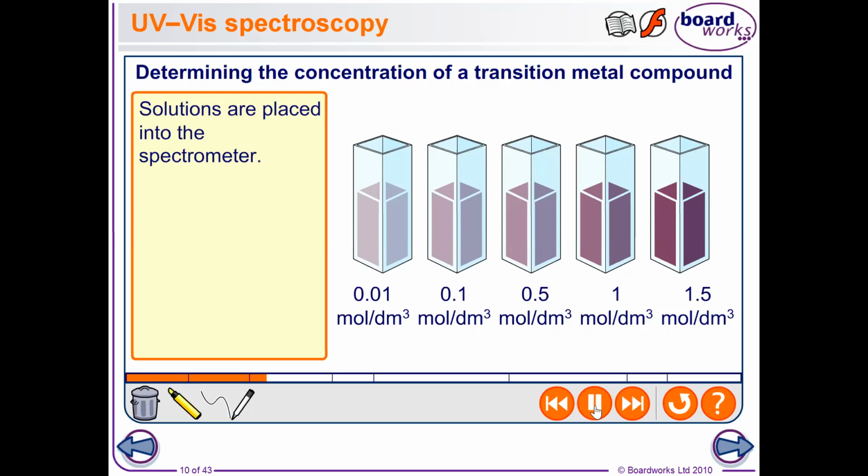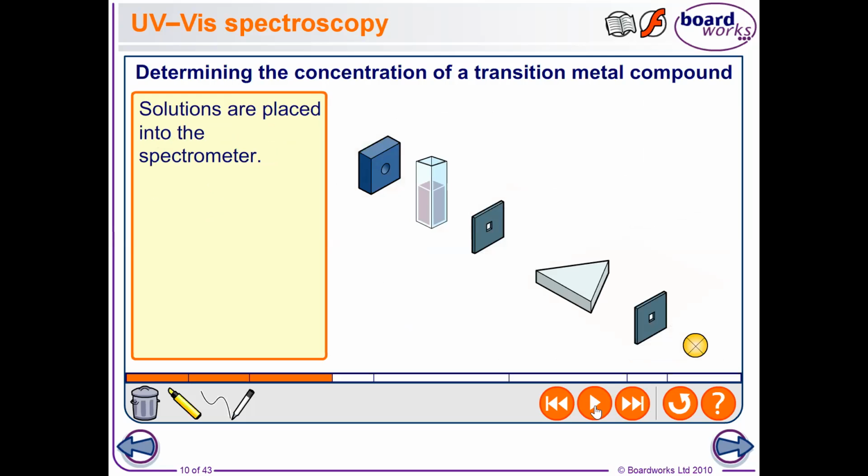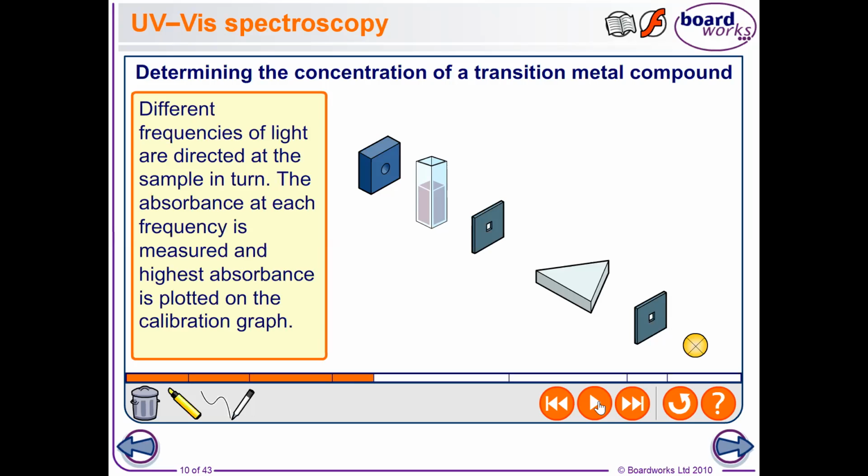And then solutions are placed into the spectrometer. Now look what will happen. This is the source of light. Different frequencies of light are directed at the sample in turn. The absorbance at each frequency is measured, and the highest absorbance is plotted on the calibration graph.